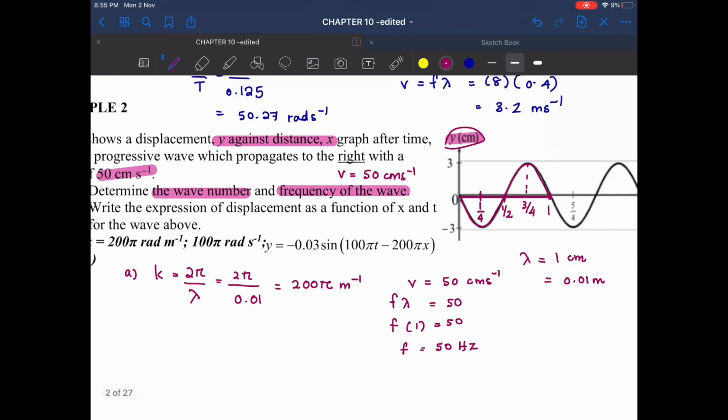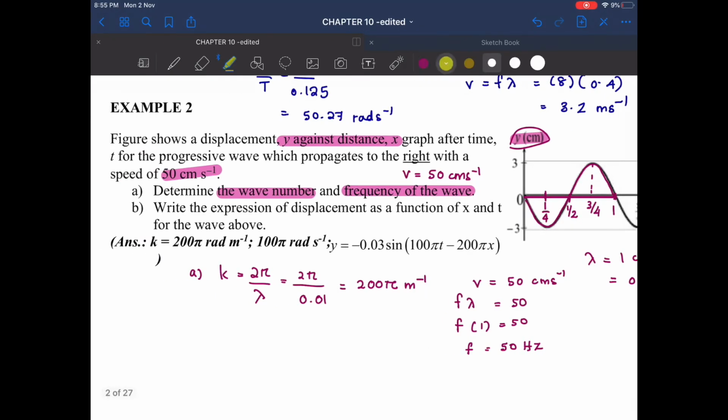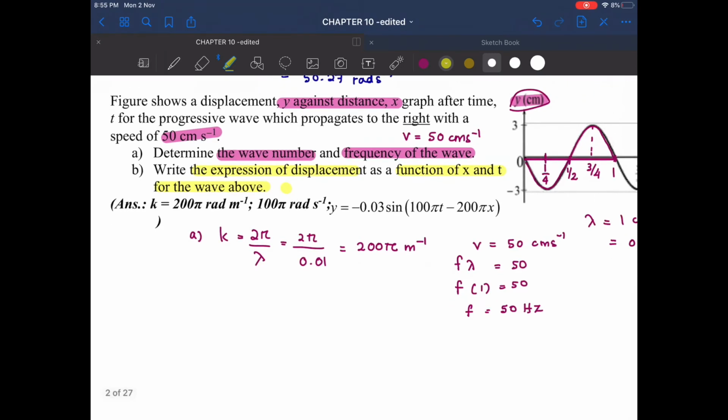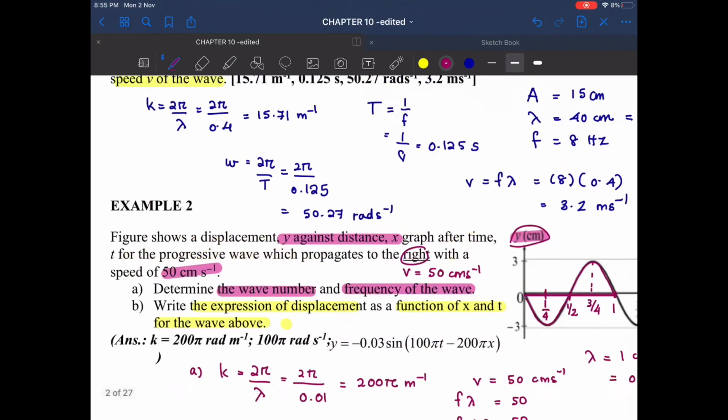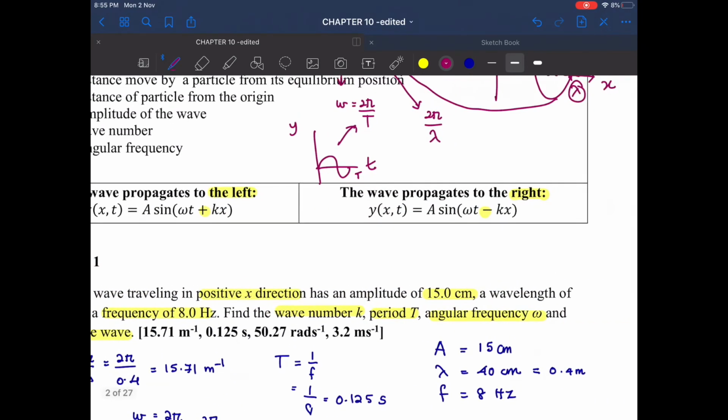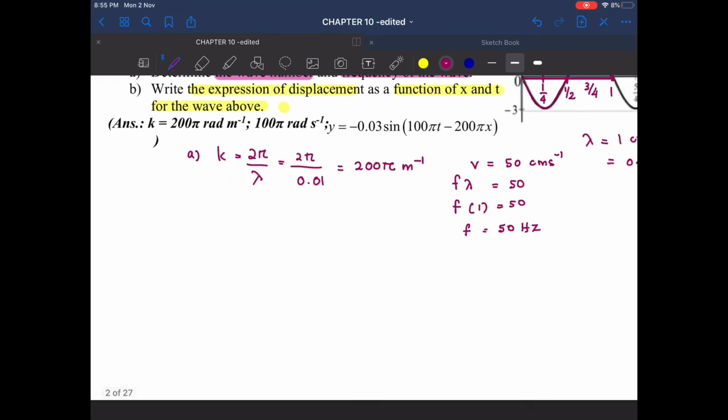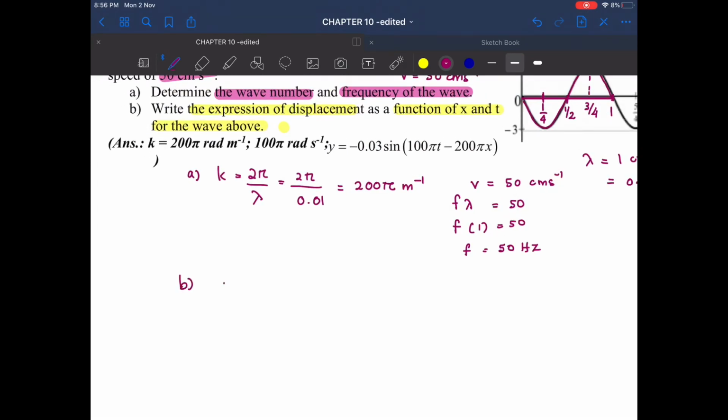Okay, and then dia minta apa ni? Dia minta write the expression of displacement as a function of x and t for the wave above. So we know that kalau dia bergerak ke kanan, maka dia akan jadi formula this one: y is equals to a sin(omega t minus kx).